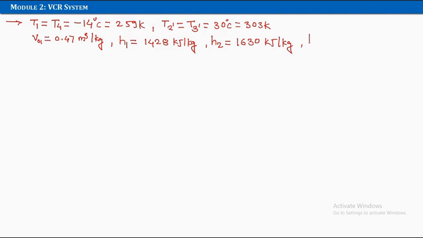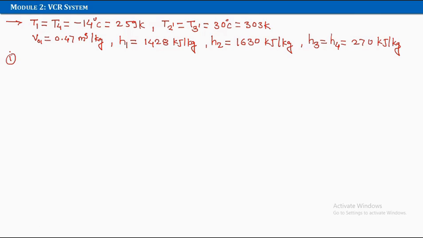Finally we have H3, which is also equal to H4, that is equal to 270 kilojoule per kg. Right, so this is the data that we got from the pH chart of ammonia. Now let us go for the solution one by one.